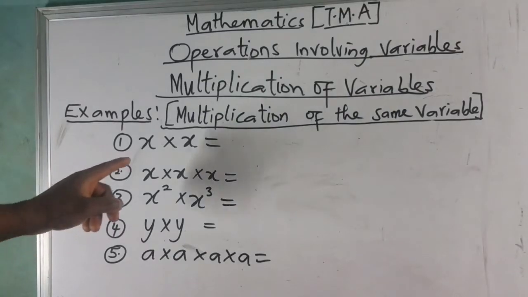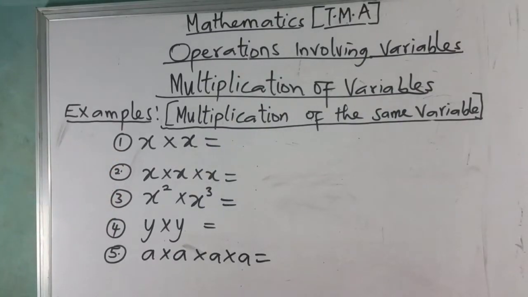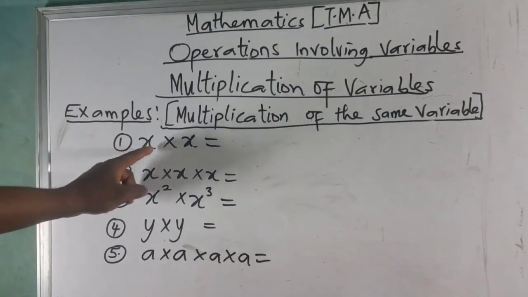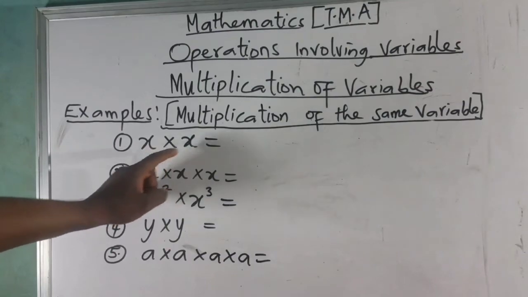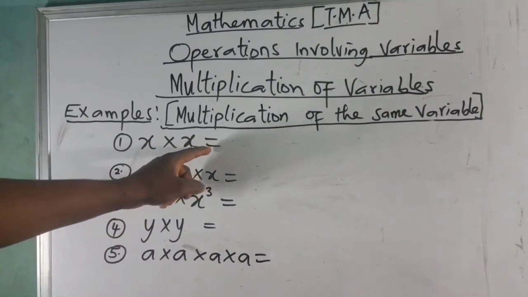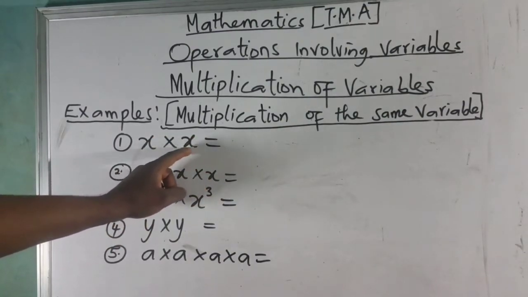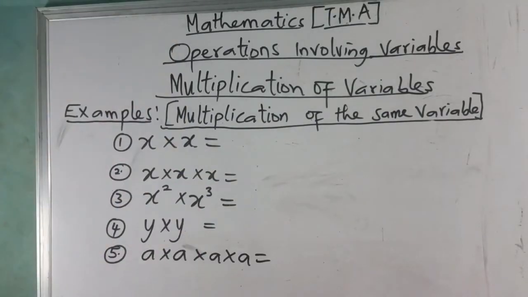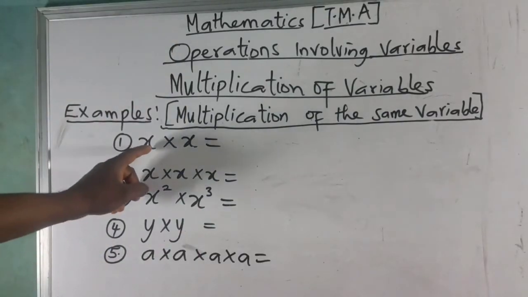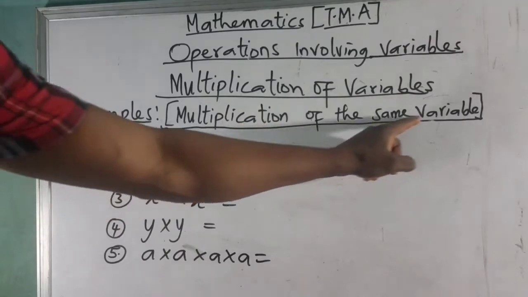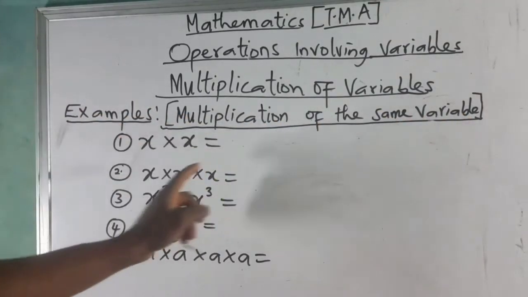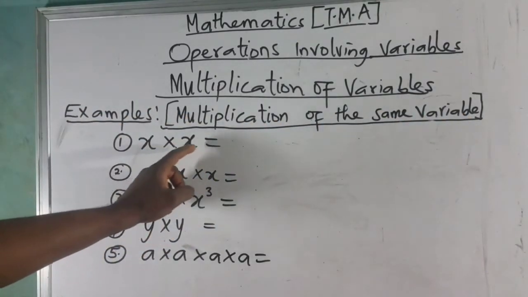Now when you say x times x, these are the same variables. The answer is, you pick one of these variables because it is multiplication. So this is multiplication of the same variable. They are the same letter.